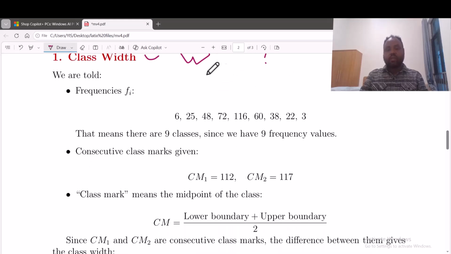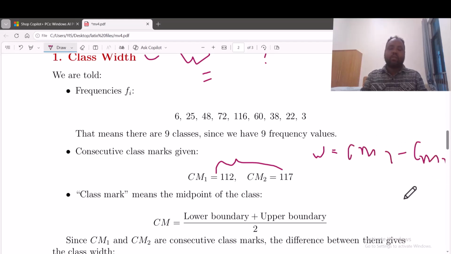To obtain the class width, these two are enough: class mark 2 minus class mark 1. So W is 5. From the frequency column we understand that we have 9 classes, denoted by K: 1, 2, 3, 4, 5, 6, 7, 8, 9.